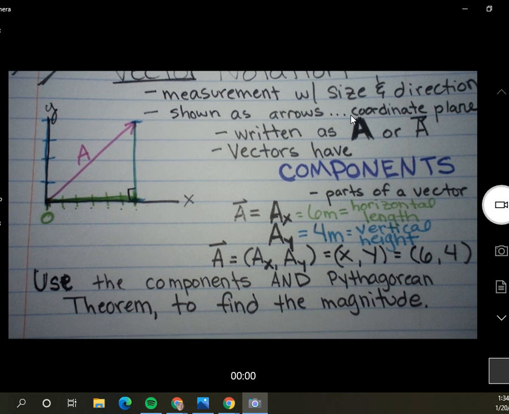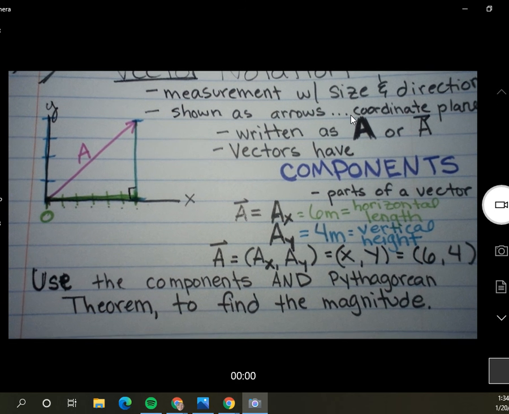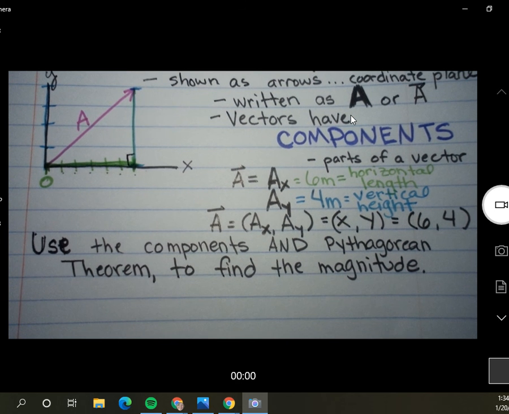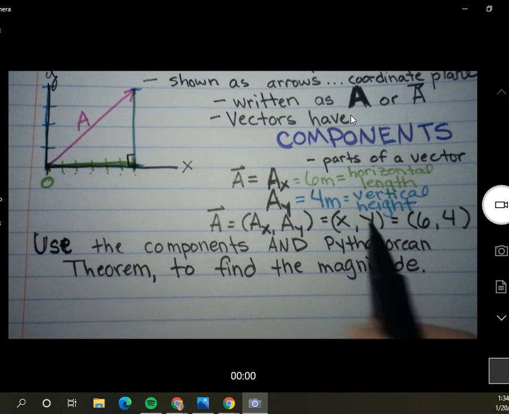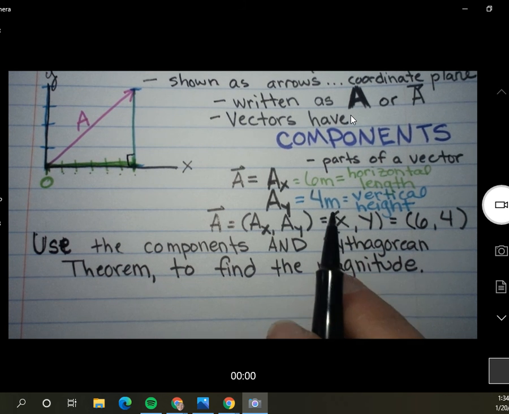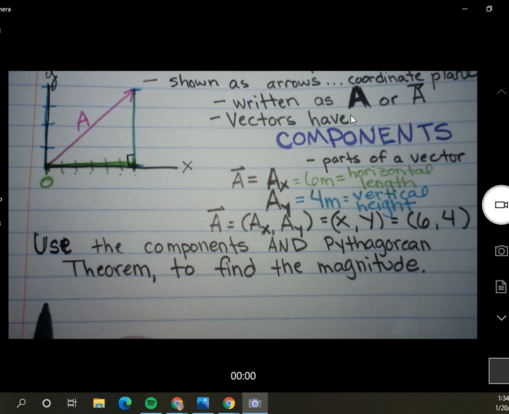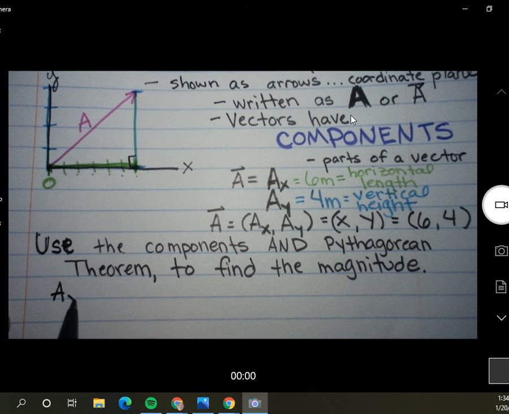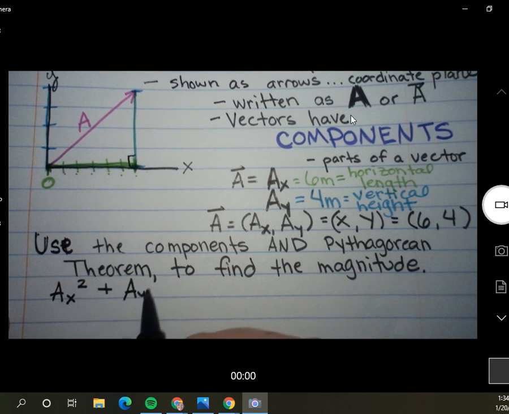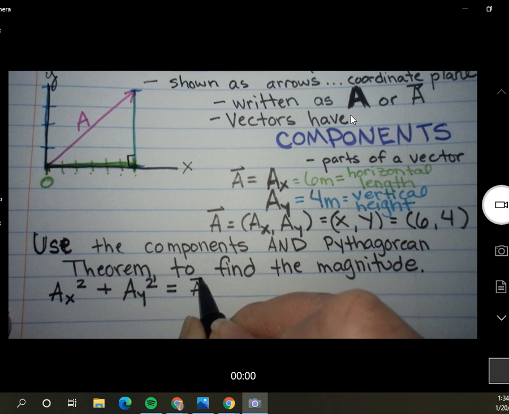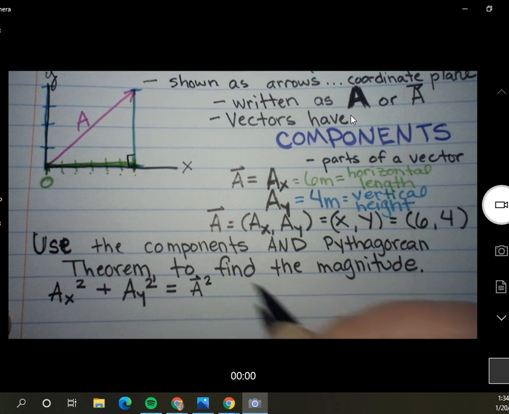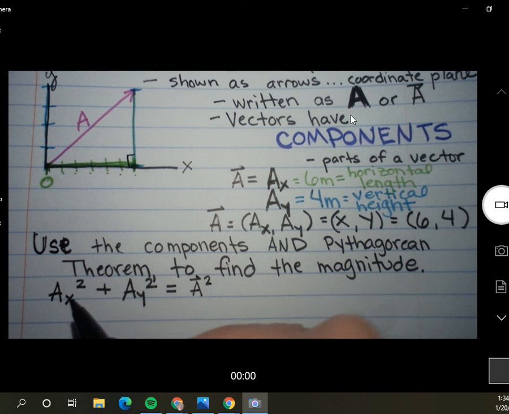All right, so let's do this one as an example. So if my horizontal length is 6 and my vertical height is 4, I know that I'm going to have a sub x squared plus a sub y squared equals my vector squared.